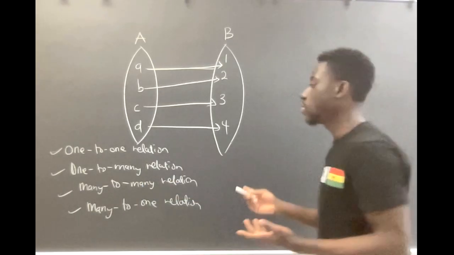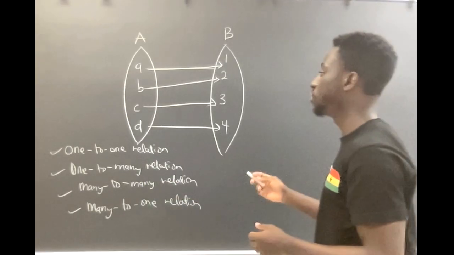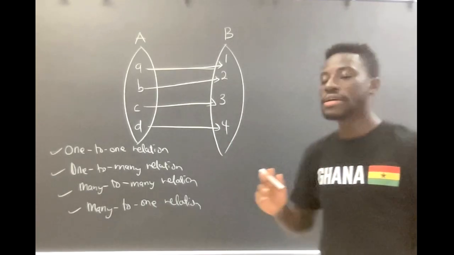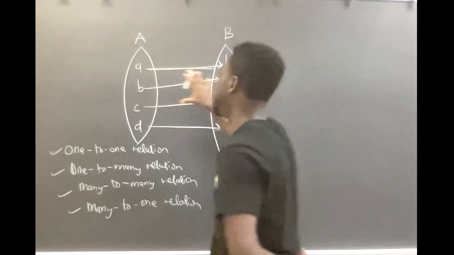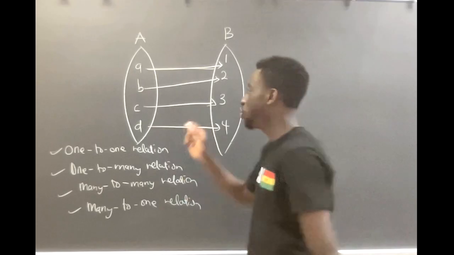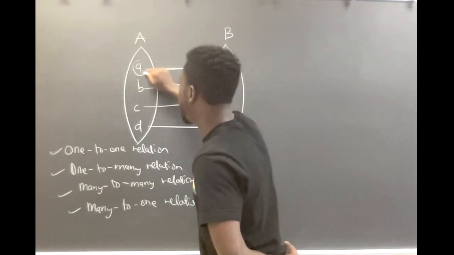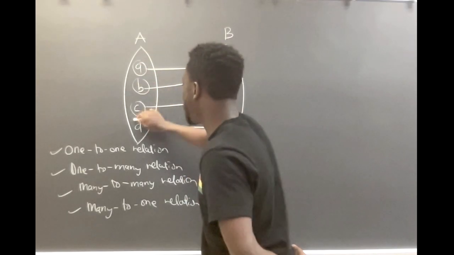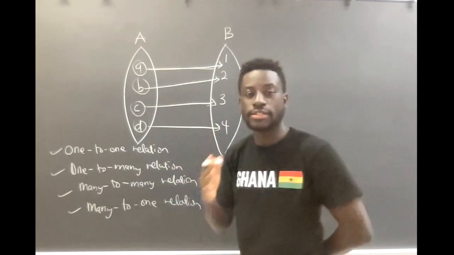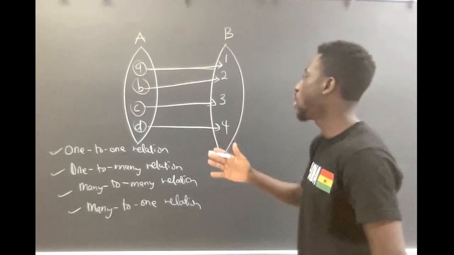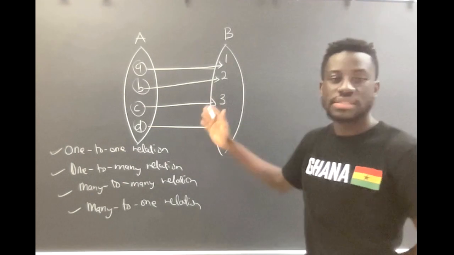When we talk about a one-to-one relation, it is a special association between these two sets A and B, such that each element of set A maps onto, or is connected to, one and only one element in set B, right?